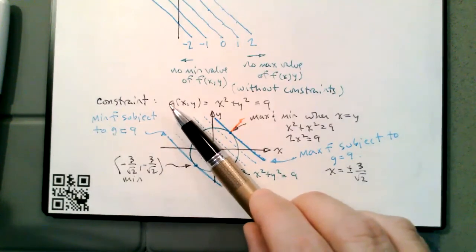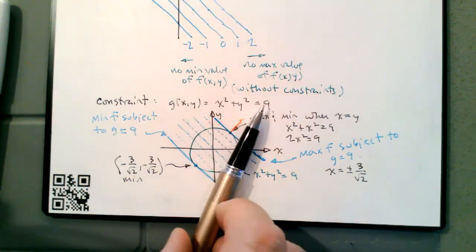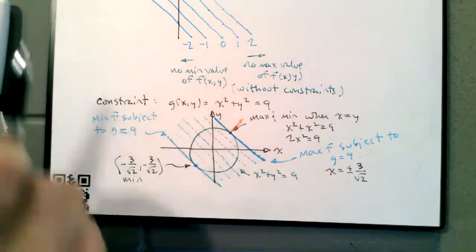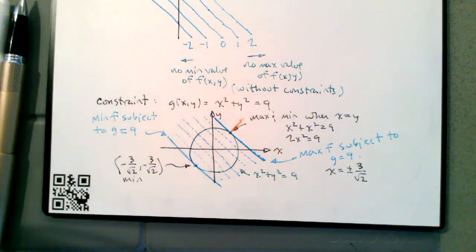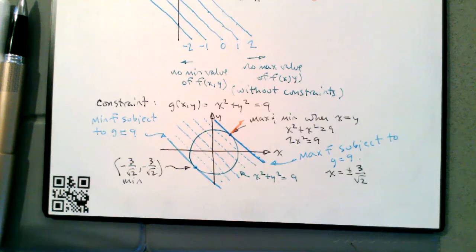So gradient of g is always going to be normal or perpendicular to this circle. So I want to find out where those line up. So this is a good picture to carry around to help you remember constrained optimization. Gradient of f is equal to lambda times gradient of g.